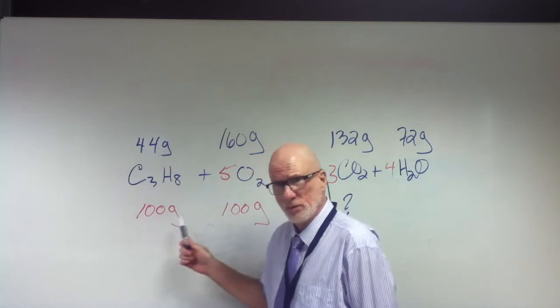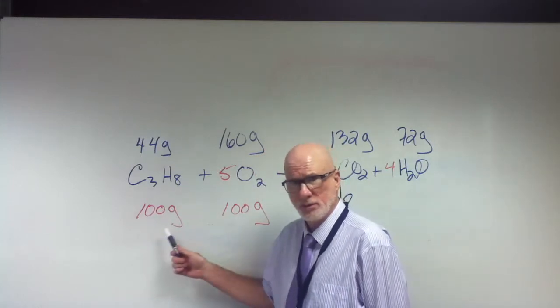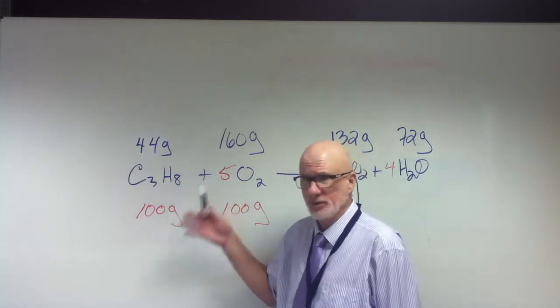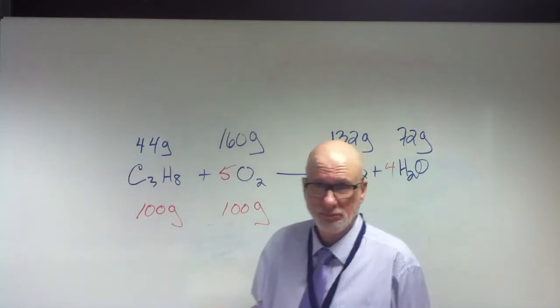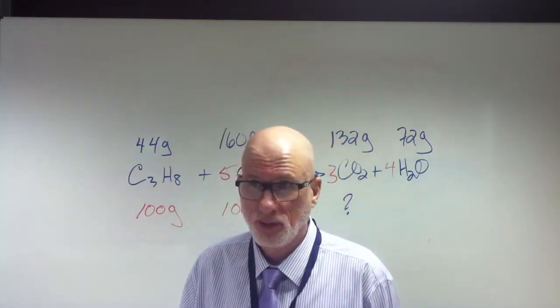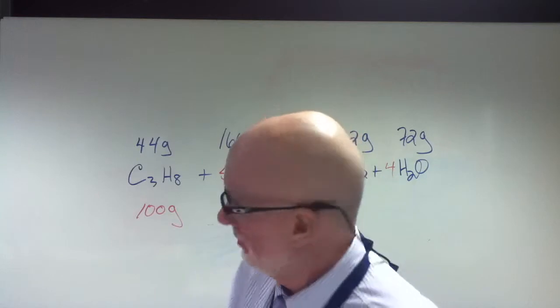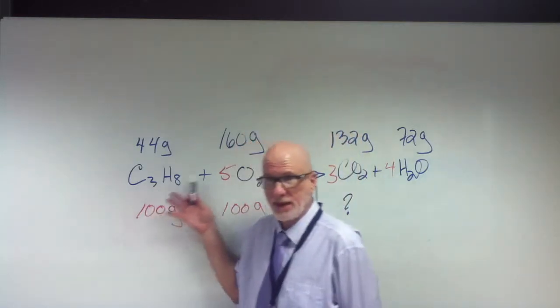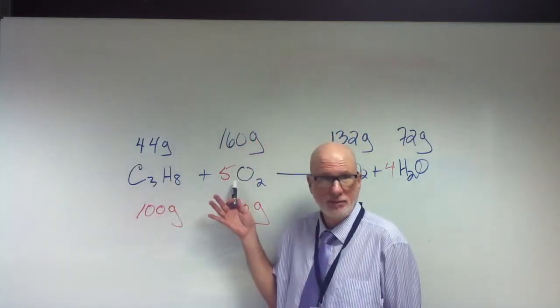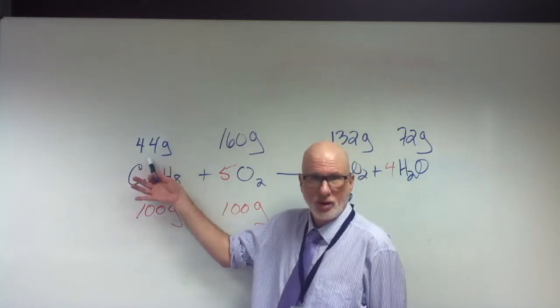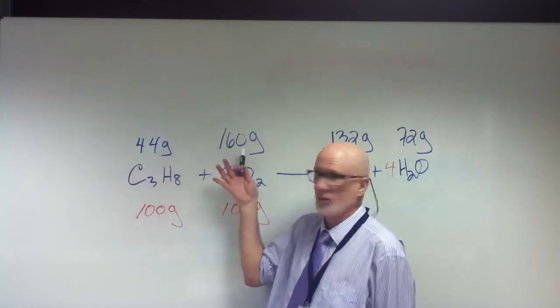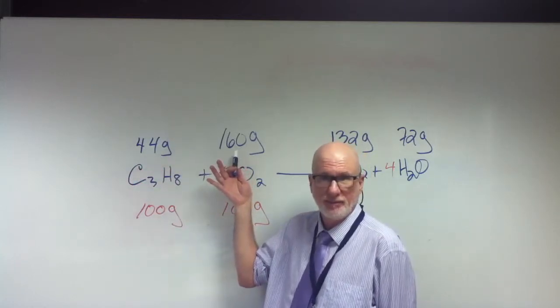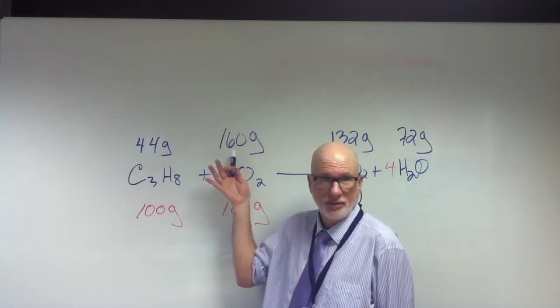Or am I going to use all 200 grams of reagents? Do I use equal amounts of propane and oxygen? Look at it, 44. For every 44 grams of this, I need 160 of this, right? Yes or no? Yes?